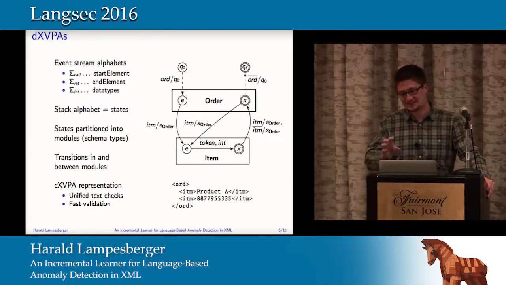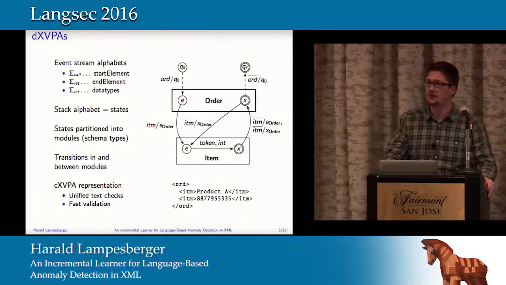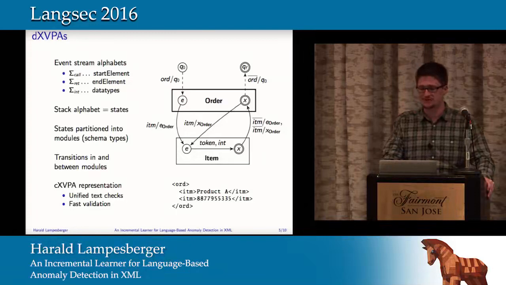So the states are partitioned into so-called modules, shown as boxes. The modules have an entry state and exit states, and a module is exactly a schema type, what you have in a grammar. We have transitions within modules and between modules.